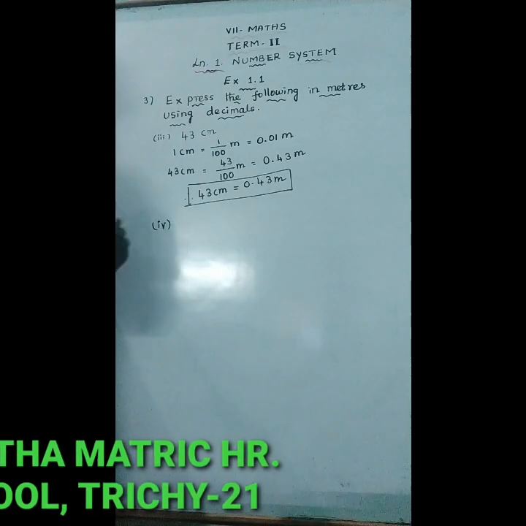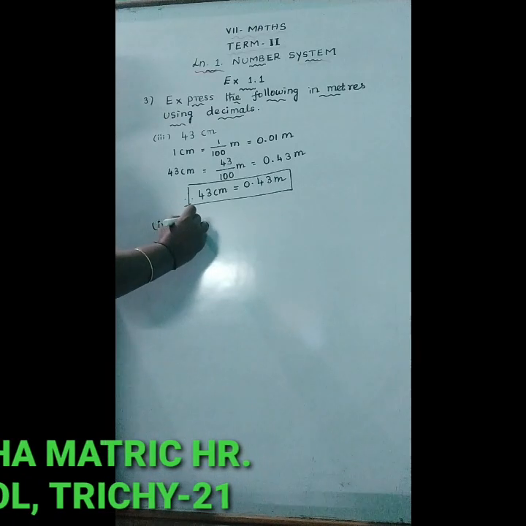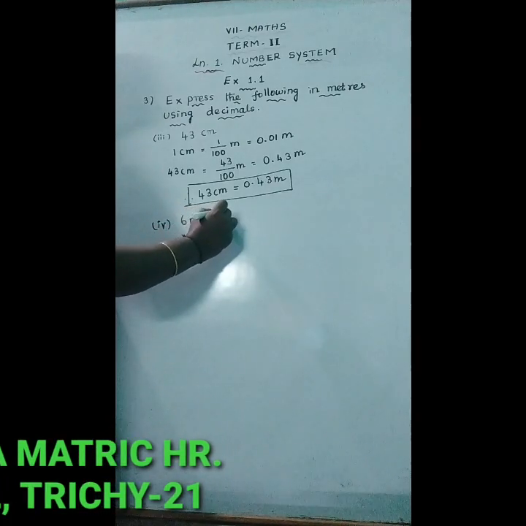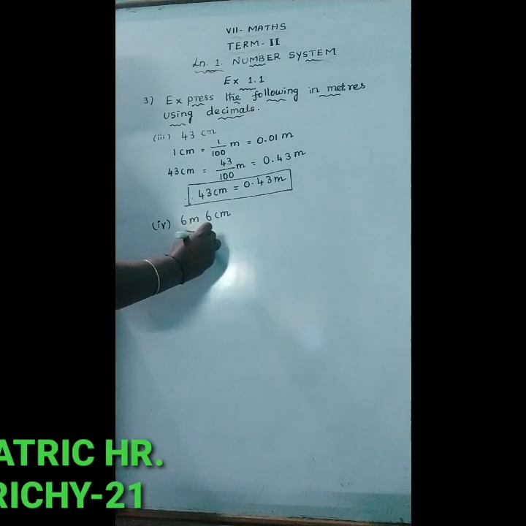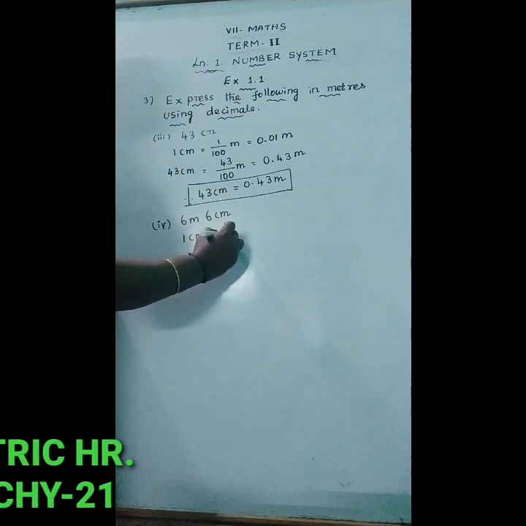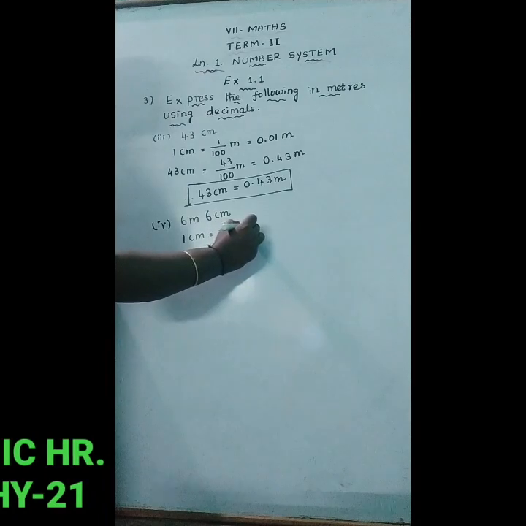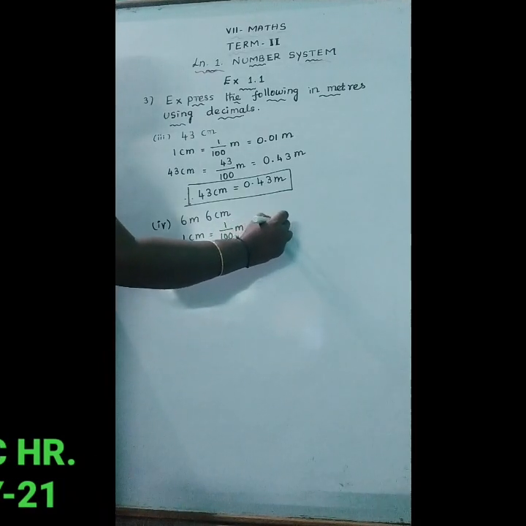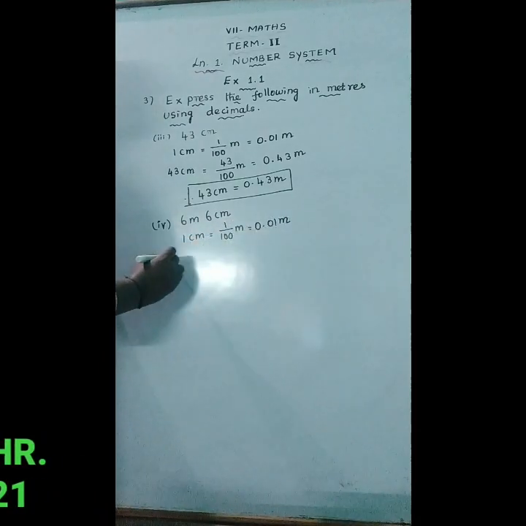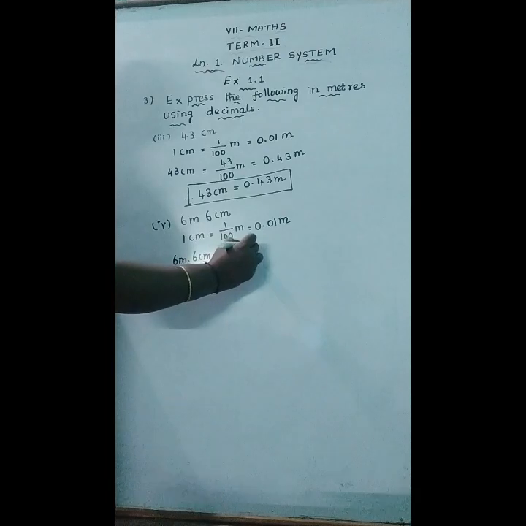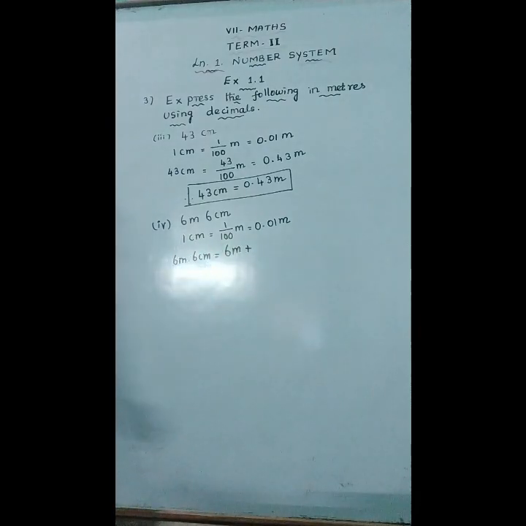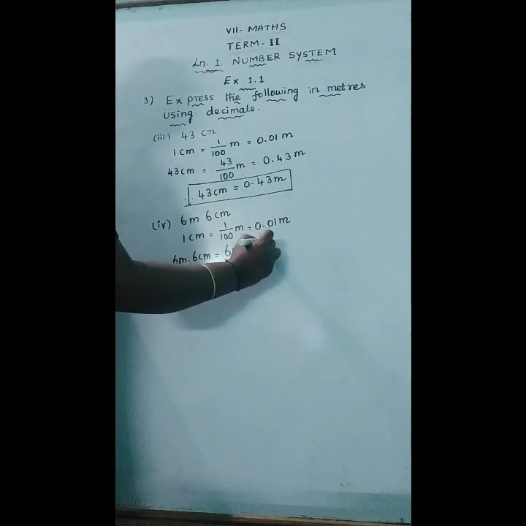The fourth subdivision, given 6 meter and 6 centimeter. 1 centimeter is equal to 1 divided by 100 meter, that is 0.01 meter. So 6 meter and 6 centimeter is equal to 6 meter plus 6 centimeter changed into 6 divided by 100 meter.